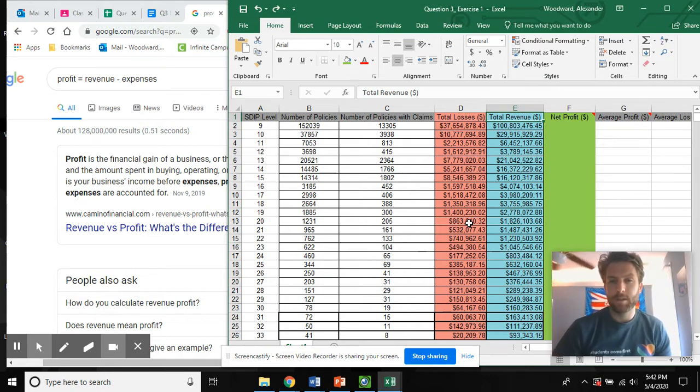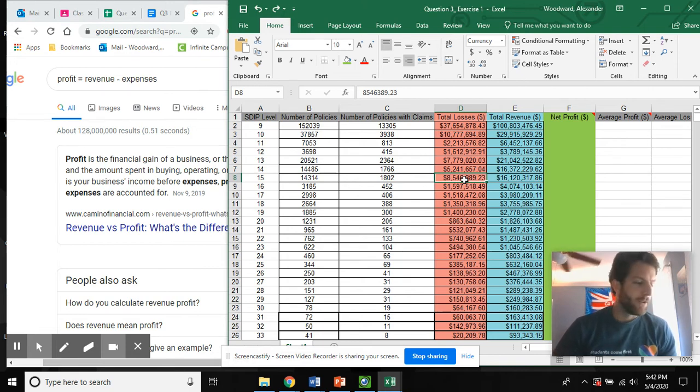The losses come from anytime someone gets in an accident or gets a speeding ticket, or does something where the car insurance company has to come and pay for it. So, a bad car accident, if it wasn't your fault, the insurance company is responsible for paying for the damages.